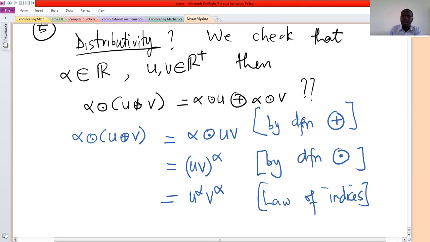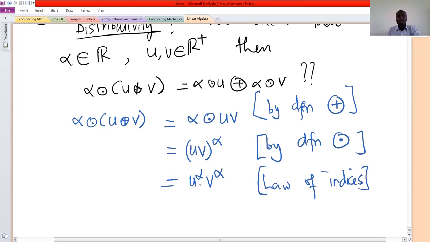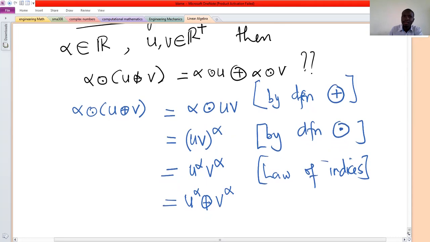Now, we can as well redefine this one. So we have a product of 2 positive real numbers in R plus. So if we have a product of these 2, then from the definition of this result, this must have come from u raised to power alpha and then plus v raised to power alpha. Since we know that if you have x plus y, then you have xy. So xy means x plus y in this given set.